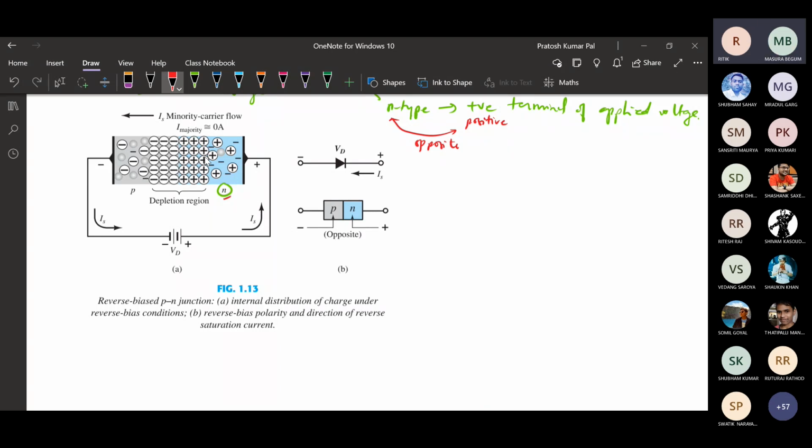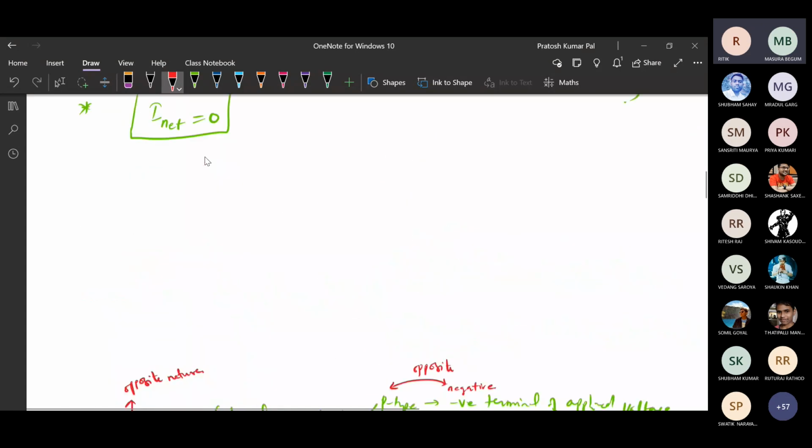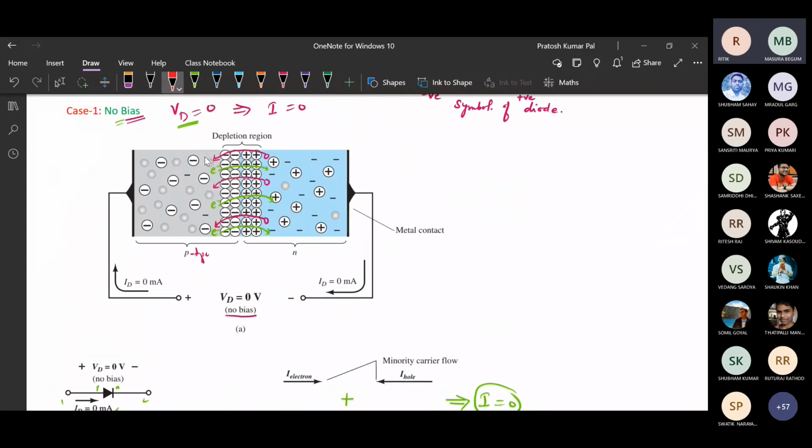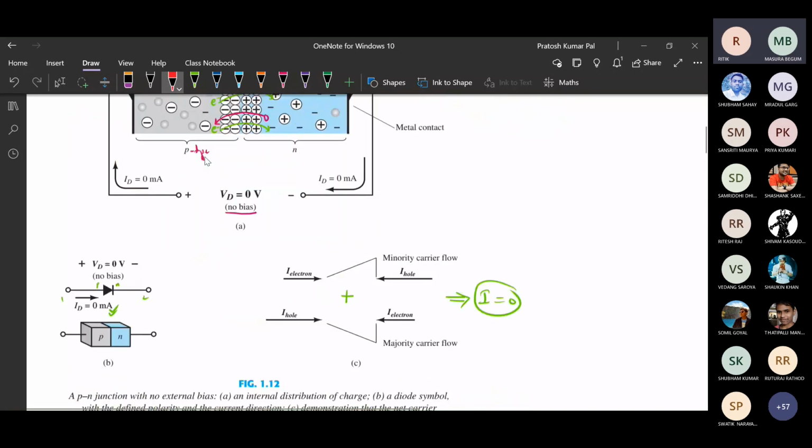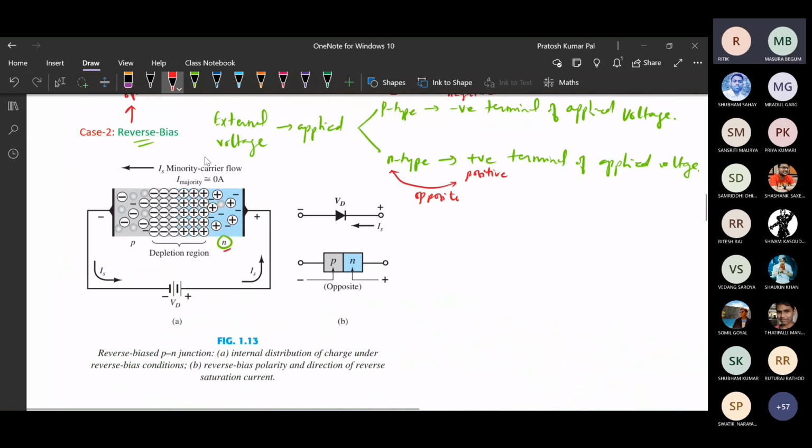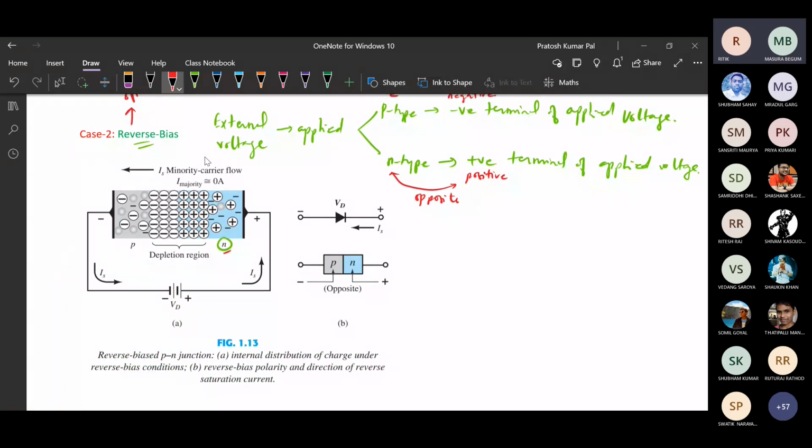Initially we have this amount of charge available in the depletion region. Now as we apply the reverse bias, the immobile charge carriers will collect more near the junction. So as we apply the reverse bias, these immobile charge carriers will be accumulating near the junction in large amount.